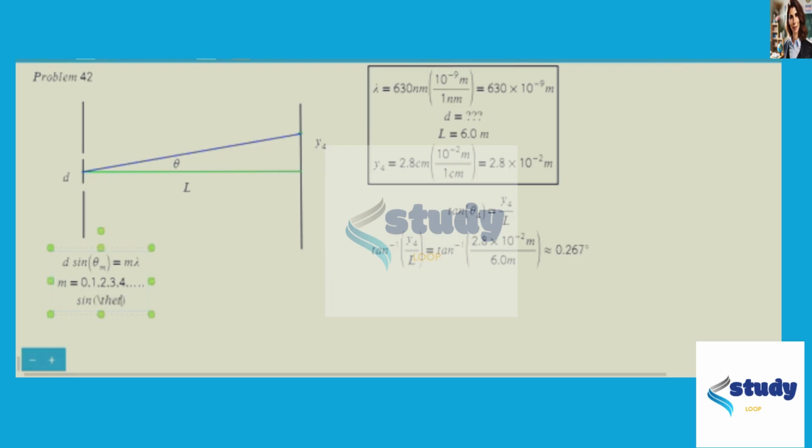Sine of theta m is equal to m lambda over d. Now, due to small angle approximations, we can say that sine of theta 4 is approximately equal to tangent of theta 4, and this is valid for small angles.